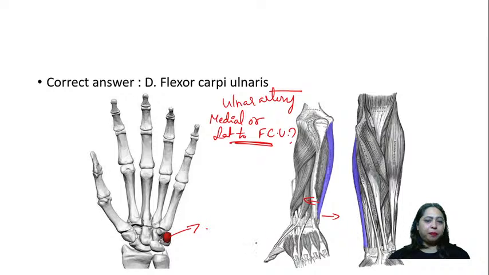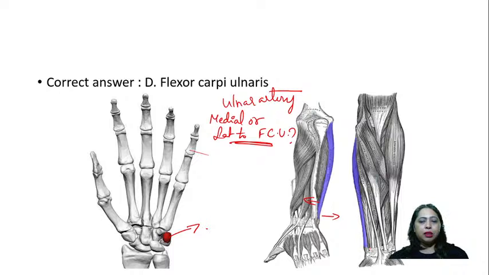Lateral is towards the thumb. Where should you look for the ulnar artery? Okay, Suman, any idea? SK, any idea? Yes, it is lateral.